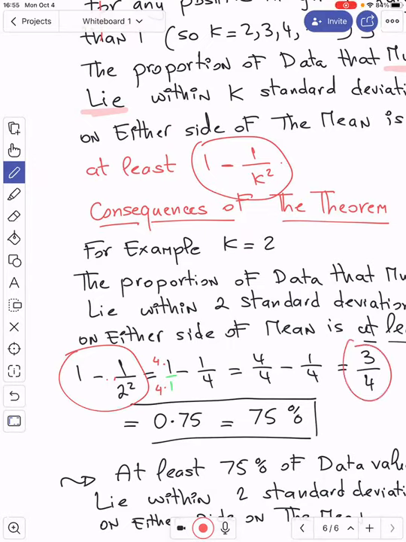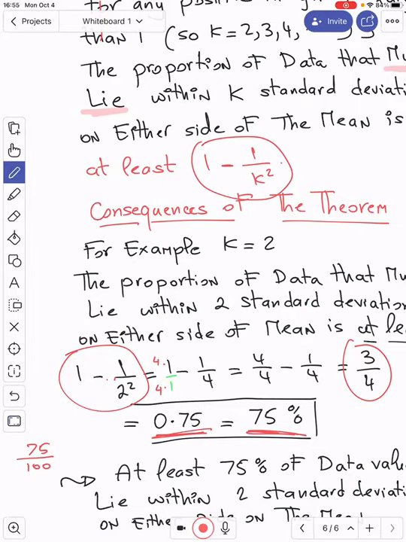And 3 over 4, if you use your calculator, is just 0.75. Now, 0.75 is the same thing as 75%, because 75% is 75 over 100. The percent is just division by 100. So 75 over 100 is exactly 0.75.